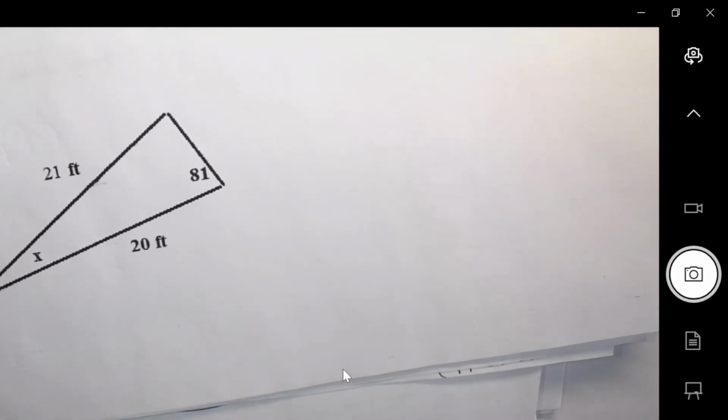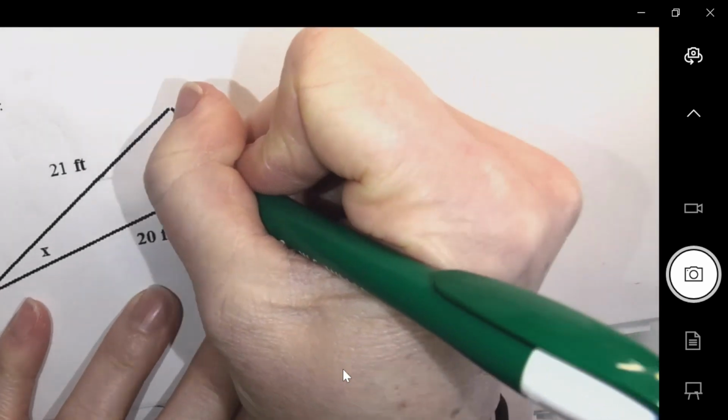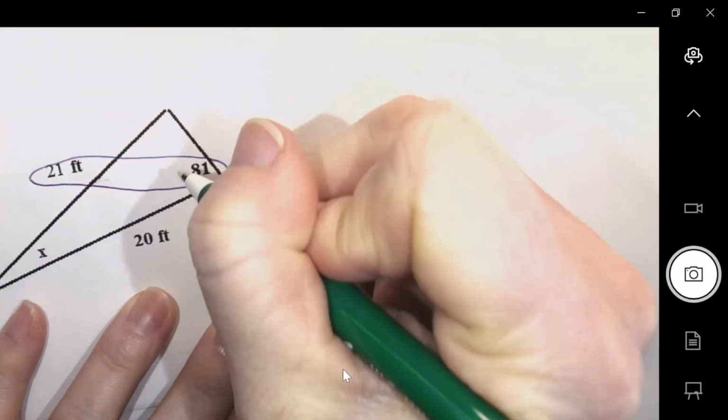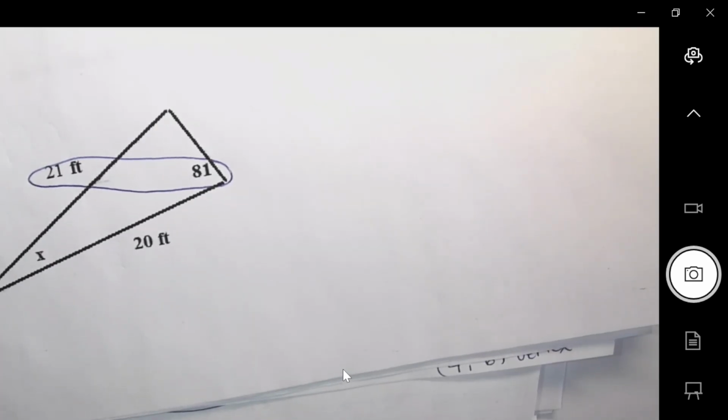Okay. As soon as you look at a triangle, pairs, SAS, triple S. You don't have a SAS. You have a pair. So it's going to be sine law.